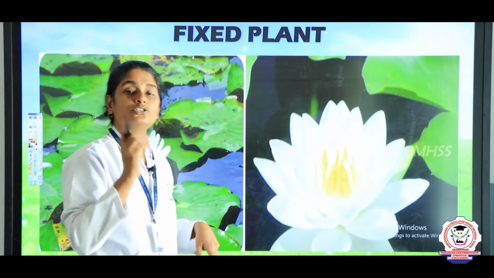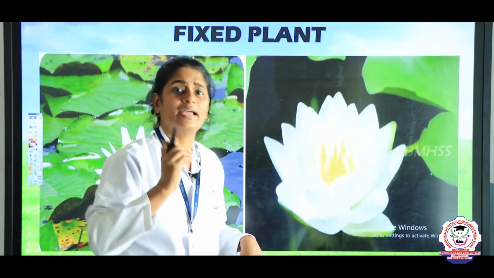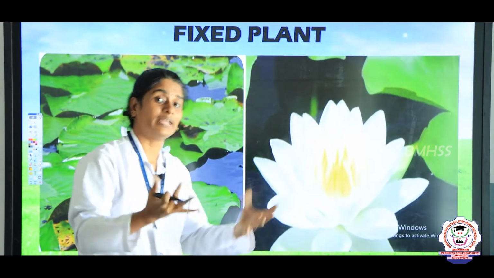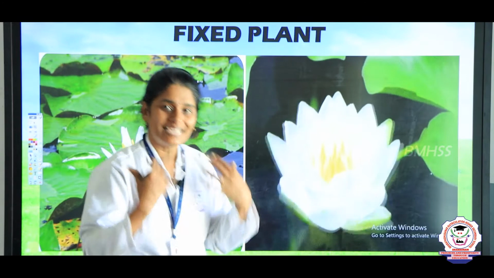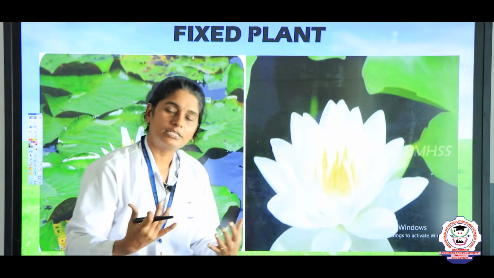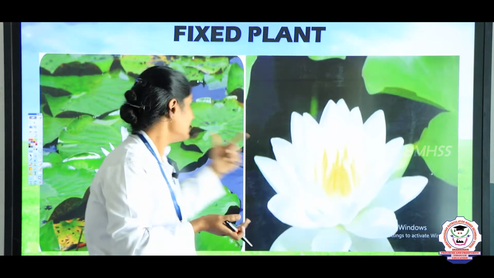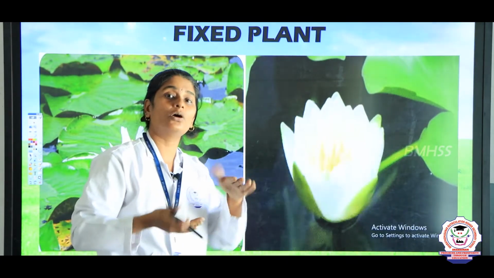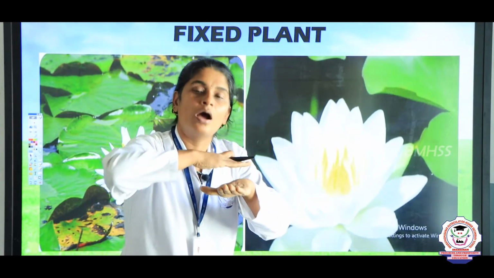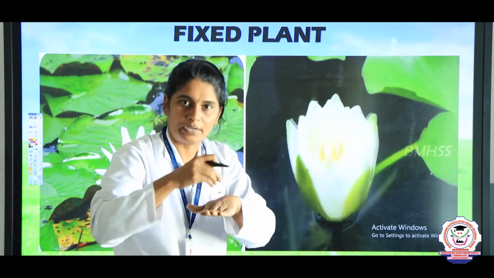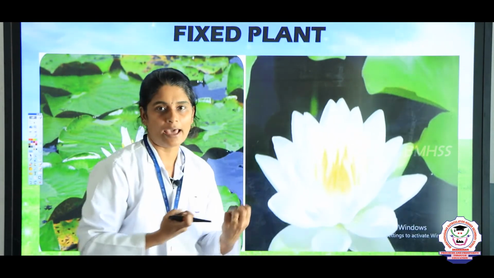And there is the stomata. What is stomata? Stomata are the tiny pores that help a plant to take in air. Usually the stomata are present on the underside of the leaf, but in these plants we can see the stomata on the top of the leaf, and thereby they take in the air.